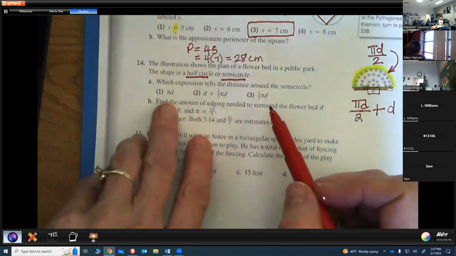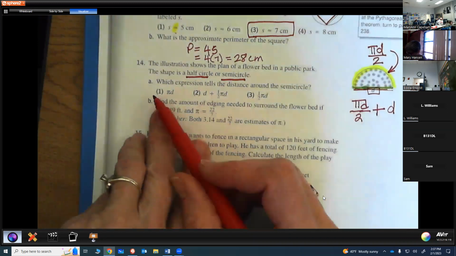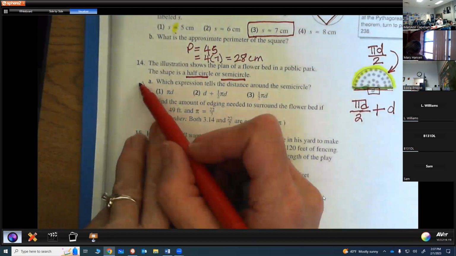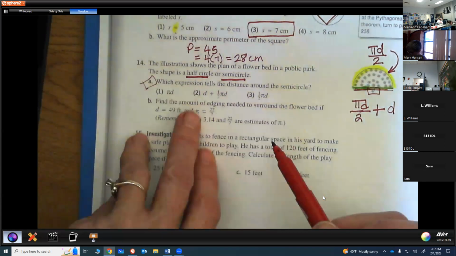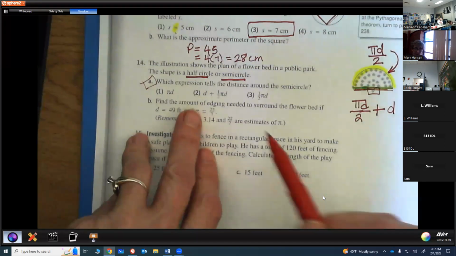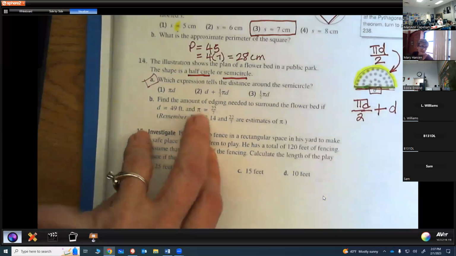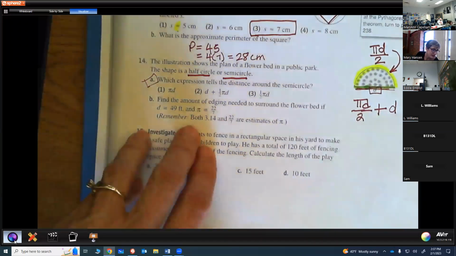And so as we look at our choices for 14A, which one's the right one? 1, 2. 2, exactly.